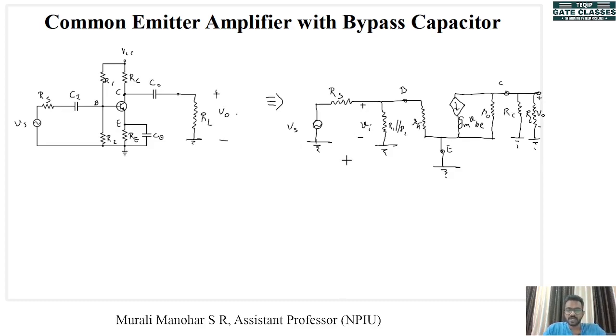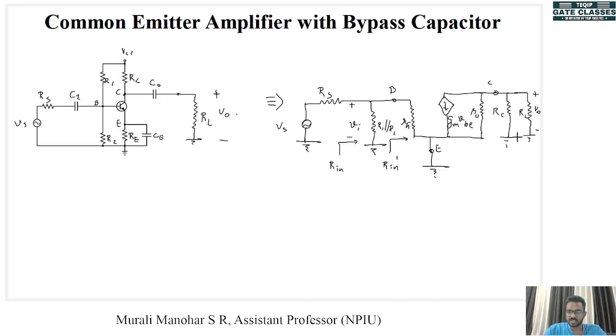Okay. Now we can identify the input and output resistances. This is our input point, this is our input terminal. So what we get from looking here is the input resistance Rin, and this is the input of our transistor. So here we will have Rin dash. If you look at the transistor from these output terminals, you will see RO dash, and if you look at it from here, you will see RO.